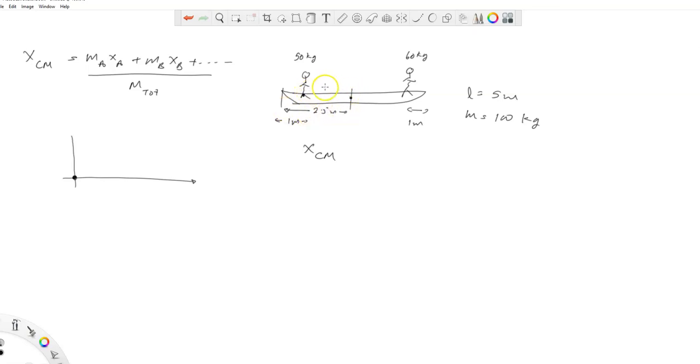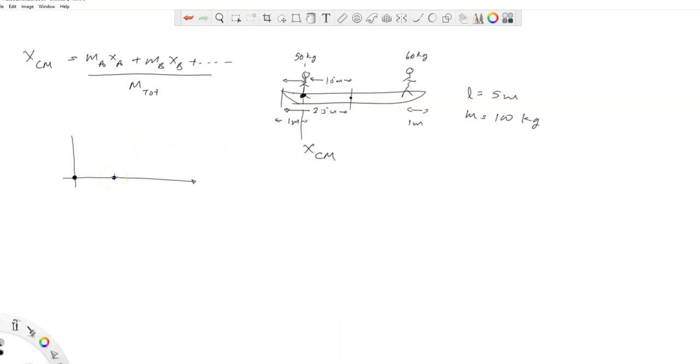From here to here, he's 1 meter from the edge. This guy is 1 meter from the edge. So that's 1.5 meters here. Right? So if I place this guy right by the origin, the mass of the canoe is 1.5 meters from that.